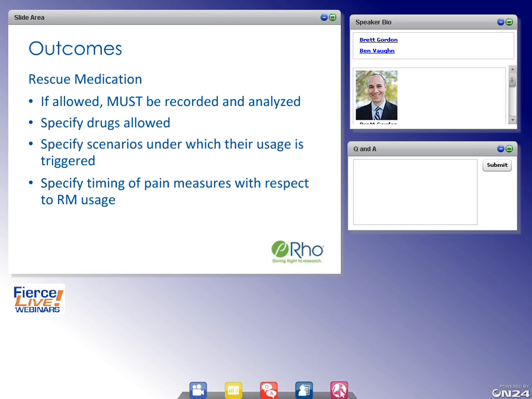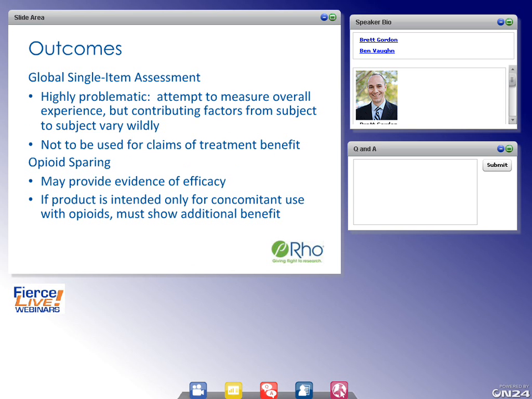Global impressions of improvement, global impressions of the current state, anything like this are pretty problematic. The agency does not care for them. Again, it's multidimensional, and it's really not clear what you're collecting.